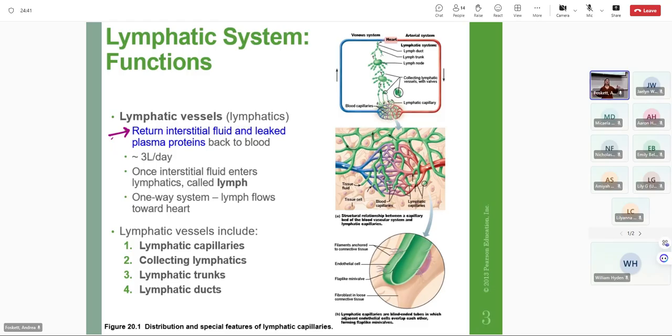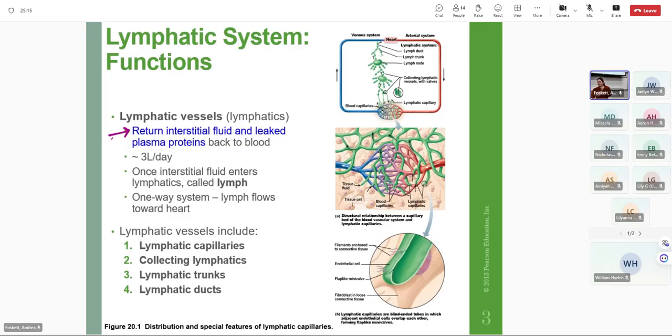So really what the lymphatic system is doing is making sure that blood volume is fairly stable and preventing edema. So any excess fluid that's leaked out of blood vessels and accumulating in your tissue beds, we want to return it safely back into the blood circulation. So that's why the most important role of the lymphatic system is returning interstitial fluid that's been leaked. But there are a lot of other immune cells that are constantly moving around in this lymphatic network of vessels, so it is very closely tied in or integrated with immunity as well.